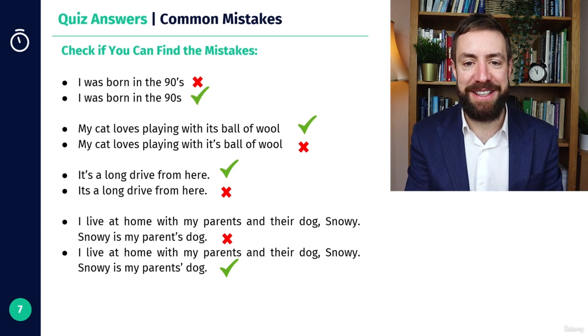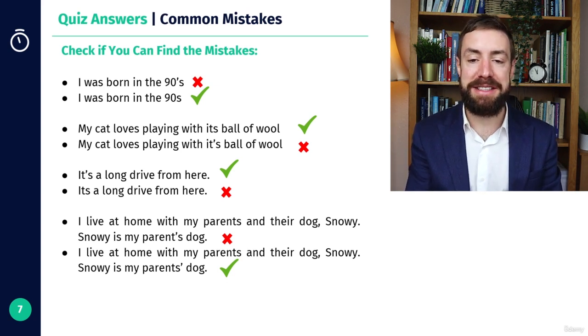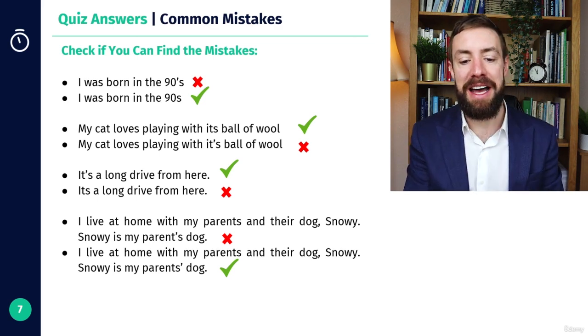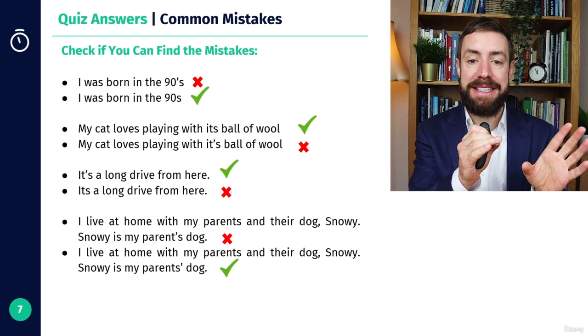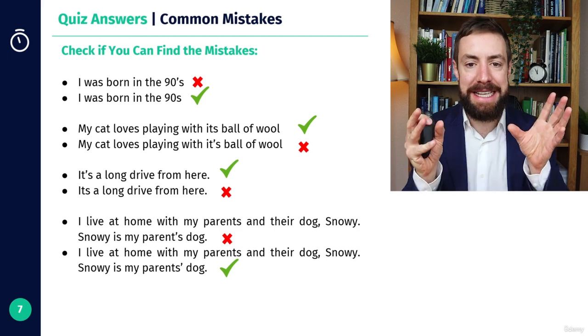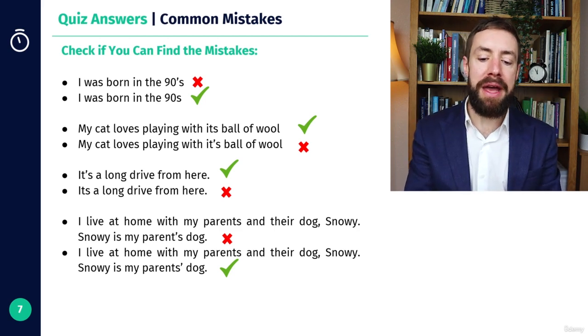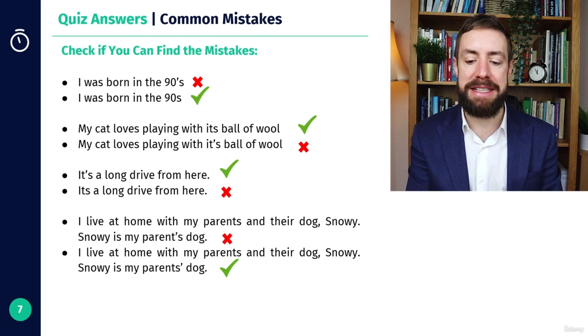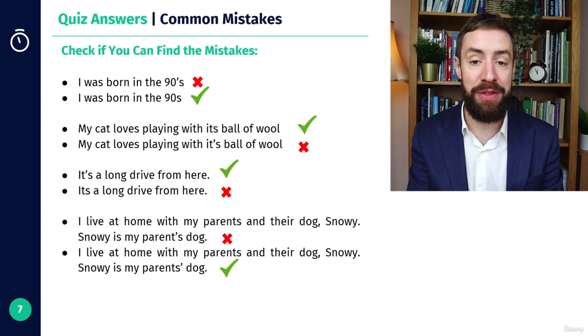But we can take a look at the next one, which is the opposite rule. So it's apostrophe s, a long drive from here. Why? Because it is a long drive from here. All right? So you remember, if it's the it is, it's, apostrophe. And the last one, I live at home with my parents and their dog. So we know it's more than one parent. It's their dog, Snowy.